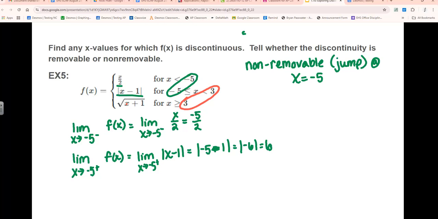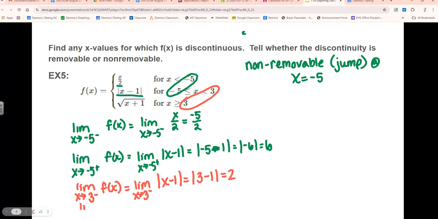In preparation for tomorrow, I'm going to show you everything that you should write. So you're going to have the limit as x approaches 3 from the left of f of x, which specifically would be the limit as x approaches 3 from the left of the absolute value of x minus 1. Direct substitution problem, absolute value of 3 minus 1. That is going to give you 2.